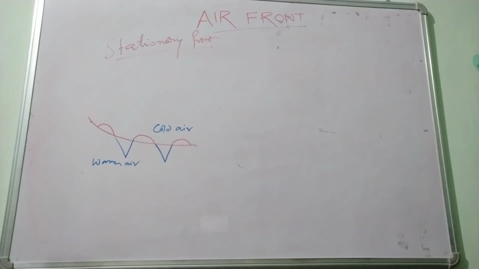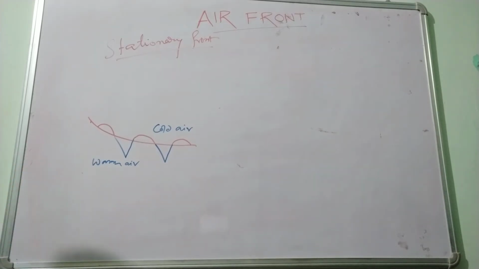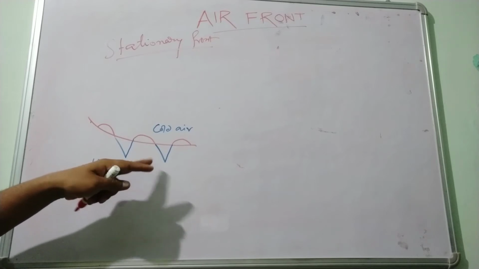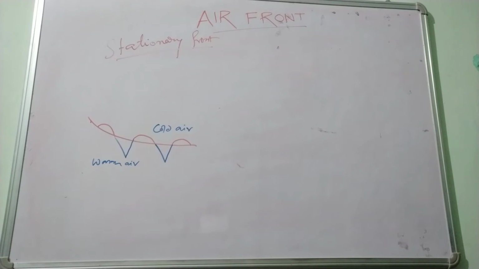When the warm and cold fronts stop moving, it becomes a stationary front. It is drawn as an alternate blue and red line, with blue triangles pointing towards the warmer air and red semicircles pointing towards the cold air. So this is known as the stationary front.